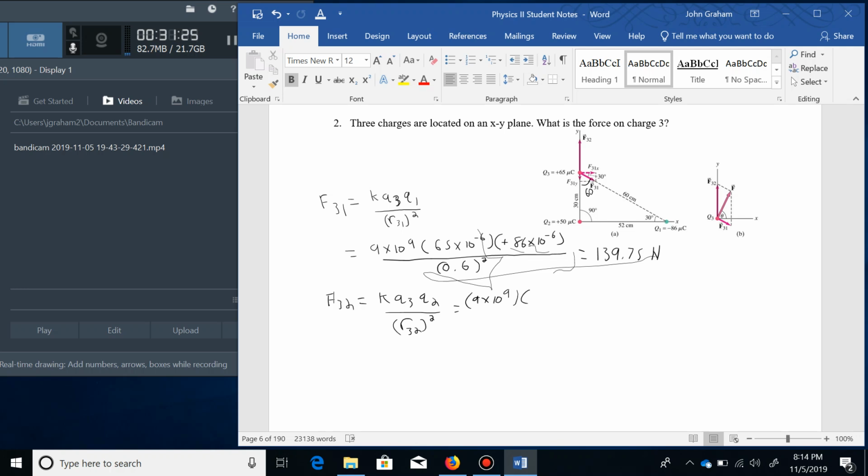The Q3 is 65 times 10 to the negative 6. Q1 is 86 times 10 to the negative 6. And we are 30 centimeters away, so it's going to be 0.3 squared.